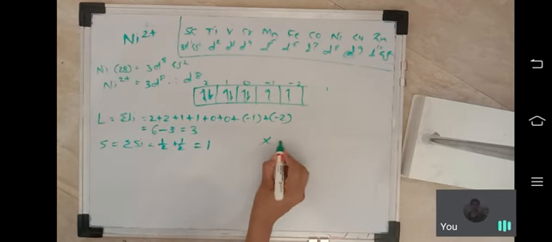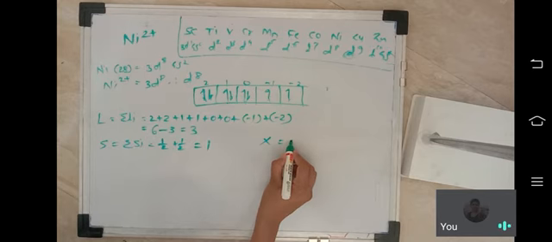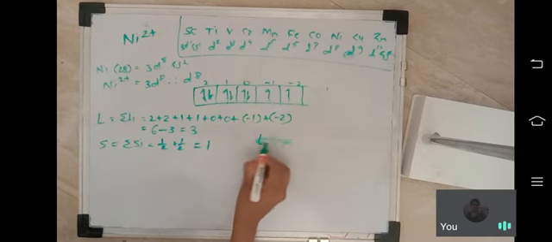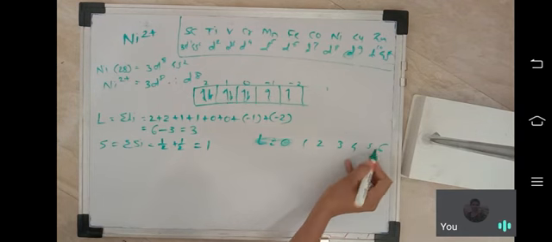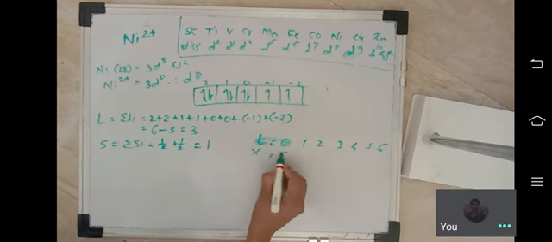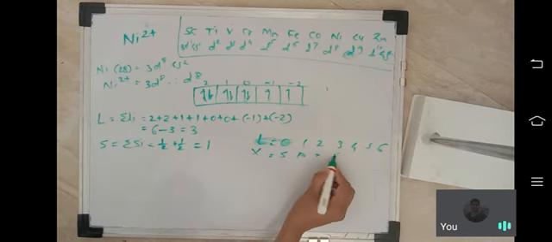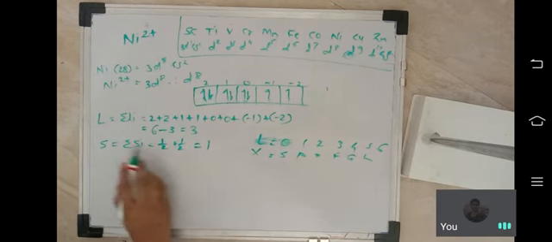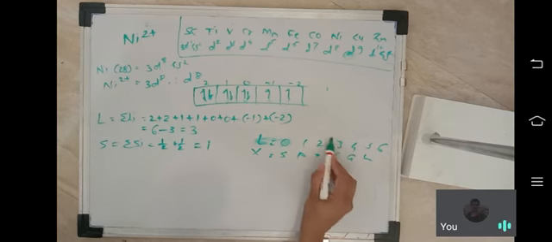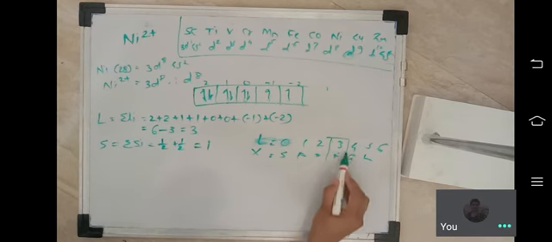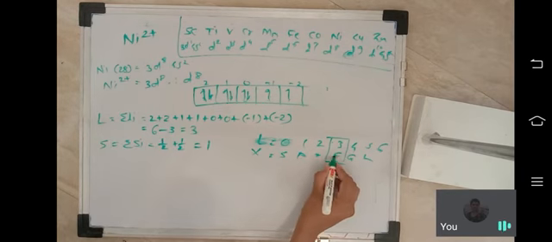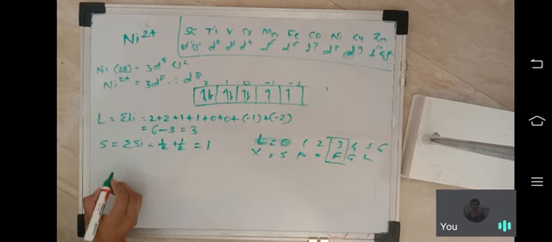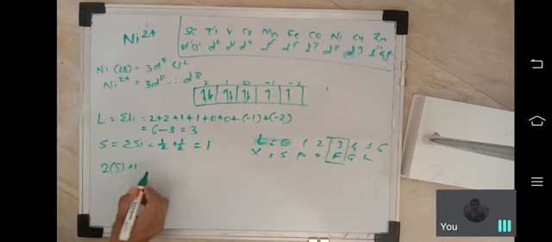So X, what is here? First L is equal to 0, 1, 2, 3, 4, 5 and 6. X is equal to S, P, D, F, G, H. Okay, here the value of L is 3, so you have to consider here triplet F. Okay, F is the ground state. Then the formula: you have to calculate the value of 2S plus 1. What is here?